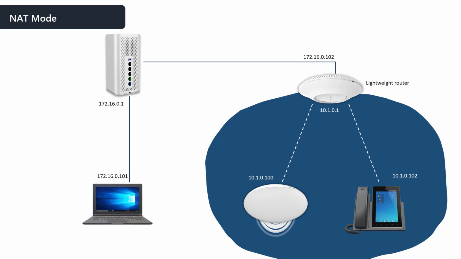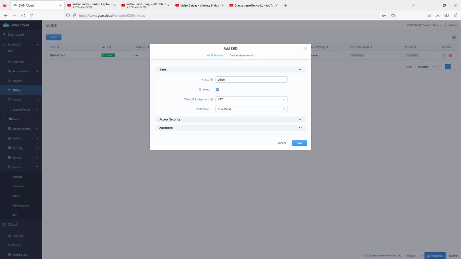So you basically create a segregated network where access to that network is not allowed, but devices inside the segregated network will be allowed to communicate with devices in other wireless networks and in the wired network. So let's go back to the GWN configuration page to continue the configuration of the parameters.